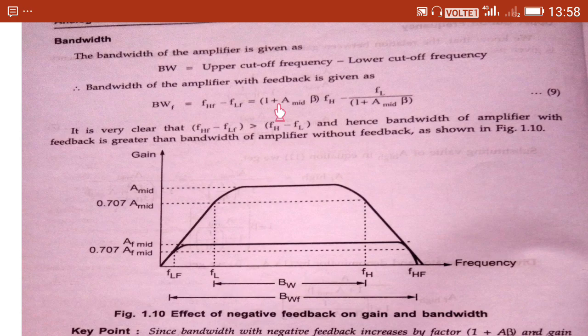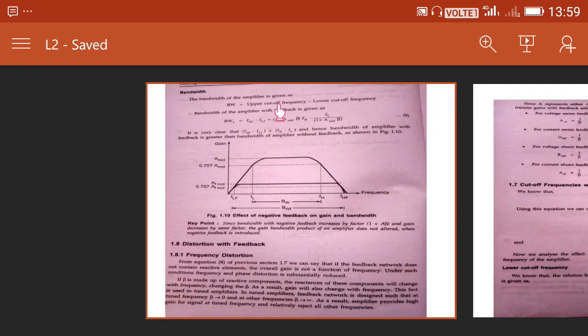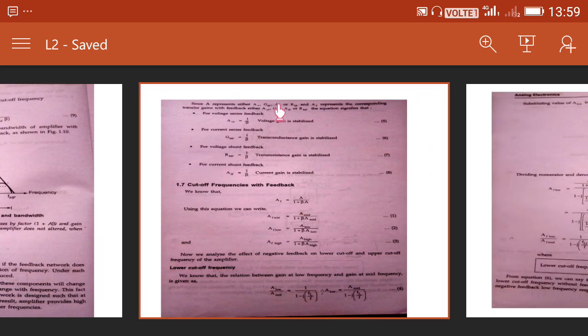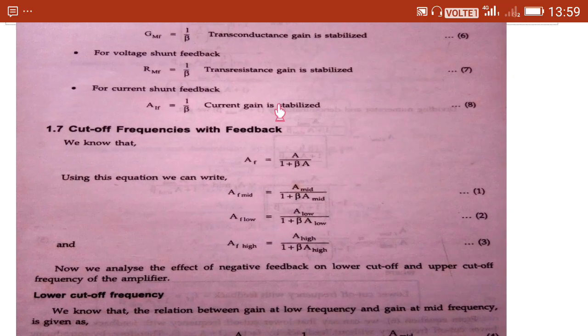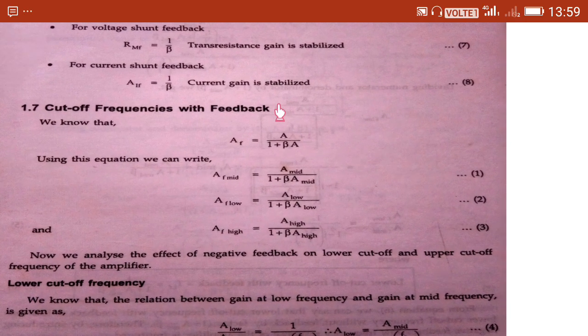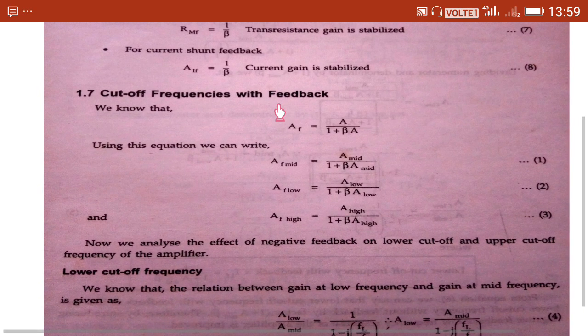Okay, so first of all, we'll derive the expression for lower cutoff frequency, and after that we'll derive the expression for upper cutoff frequency. Okay, so let's go to the next slide. Now let us derive the expressions for lower cutoff frequency and upper cutoff frequency.